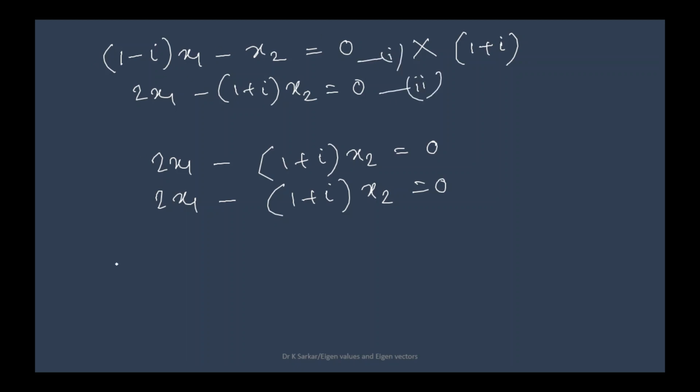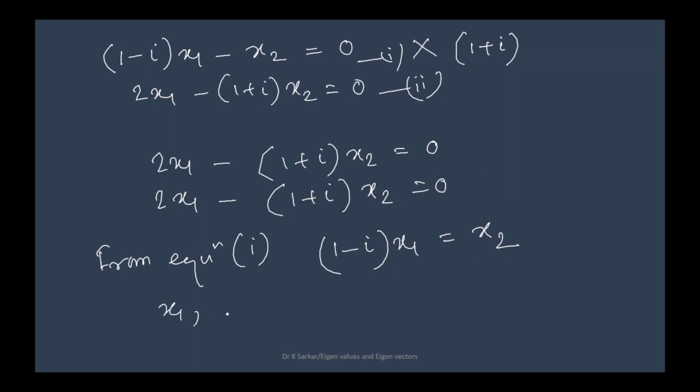From equation 1, (1 minus i) x1 is x2. Therefore, the eigenvectors for eigenvalue i is x1, (1 minus i) x1, where x1 belongs to R, the set of real numbers.